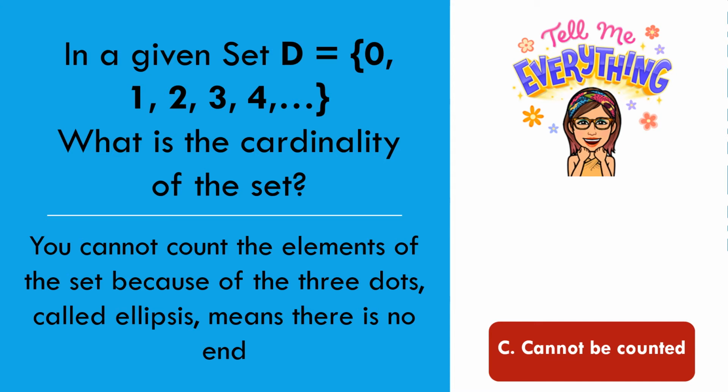For this set, you cannot count the elements because of the three dots. It is called ellipsis. It means there is no end. If you count the numbers 0, 1, 2, 3, 4, and so on, there's no end. That is why you cannot count the elements in it.